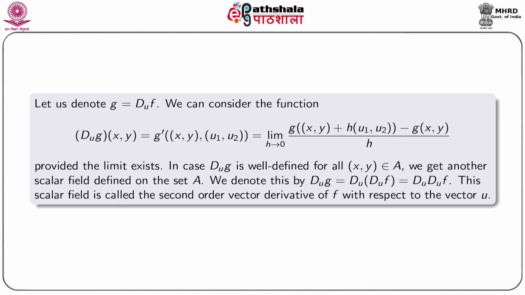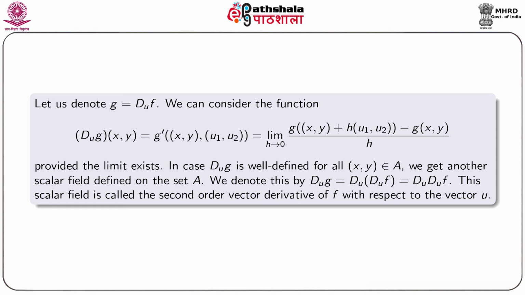Let us denote G equal to d_u f. So, G is a scalar field defined on the set A. Now, we consider the function d_u g(x,y), that is g dash (x,y) (u1, u2). By definition, it is the limit of the quantity g of (x plus h u1, y plus h u2) minus g(x,y) by h as h approaches 0, provided the limit exists.